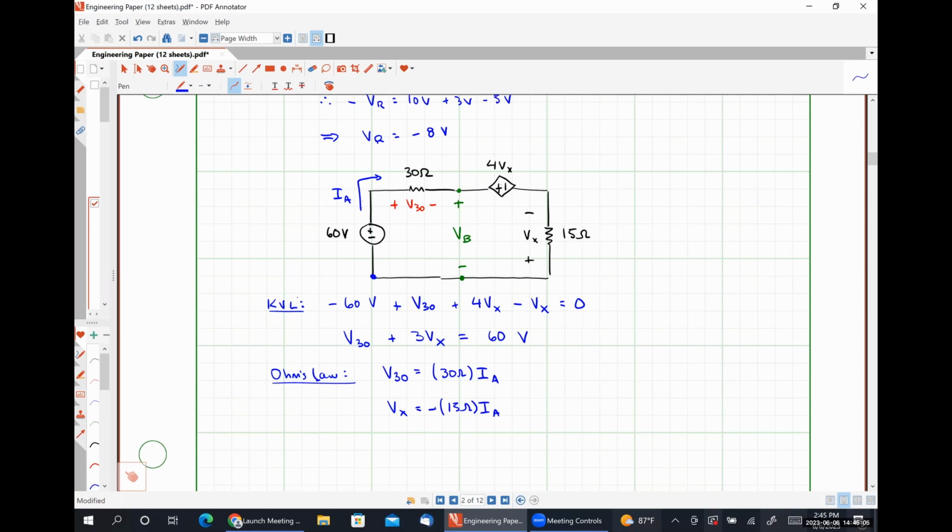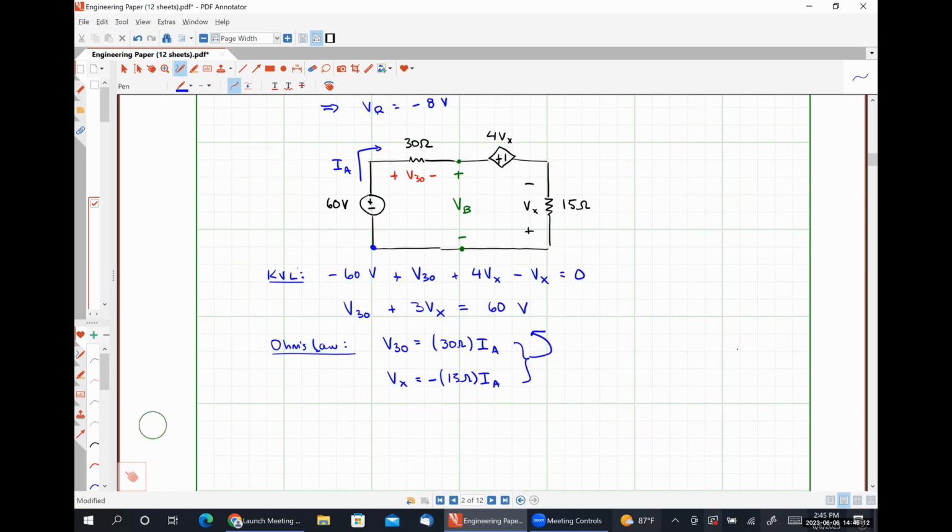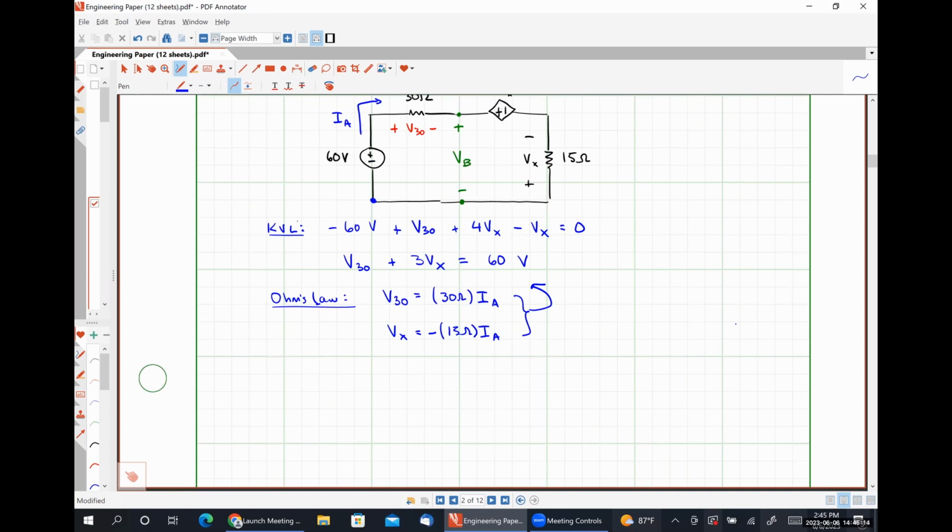And so that's how I write my Ohm's law equations, and then I can substitute both of these into this KVL equation. What that's going to give me is 30 ohms times IA minus 15 ohms times IA is equal to 60 volts, which looks like 30 minus 15 is 15 IA.